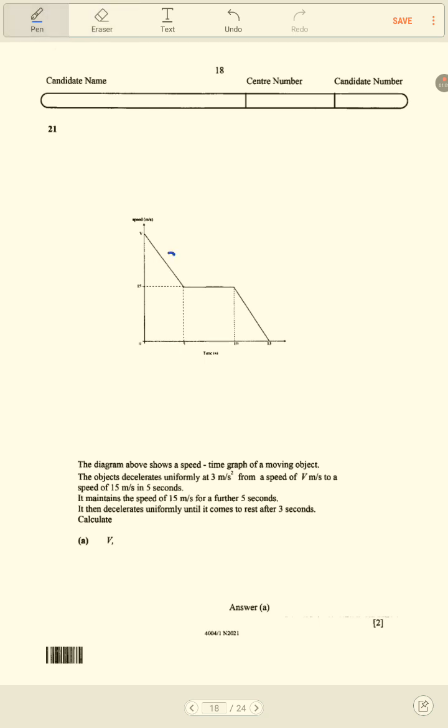The deceleration is 3, and the formula for this is acceleration is equal to final velocity minus initial velocity over the change in time. So change in time here, we can write the change in time is t2 minus t1.